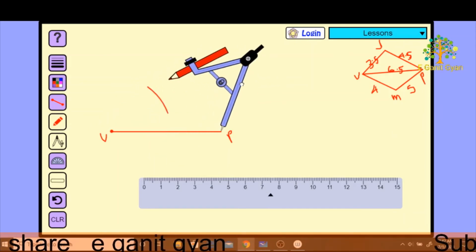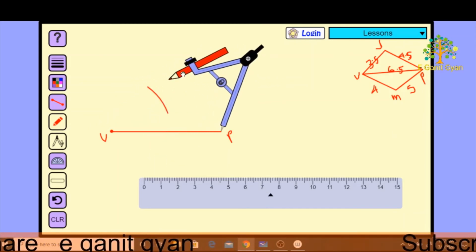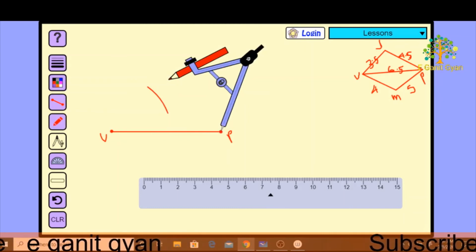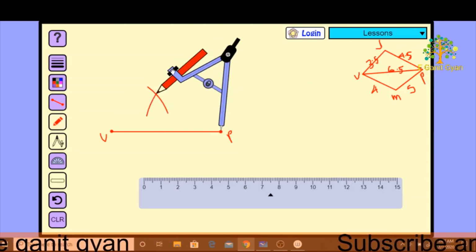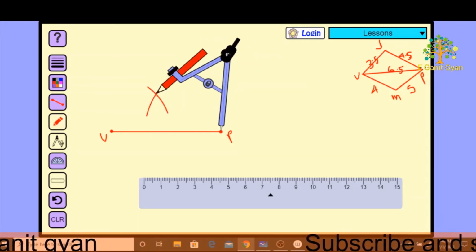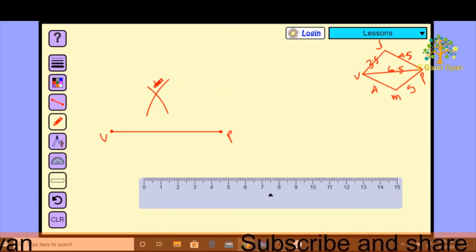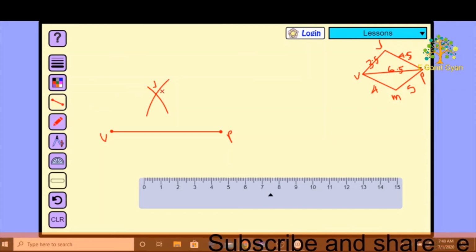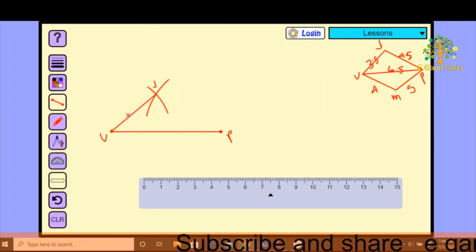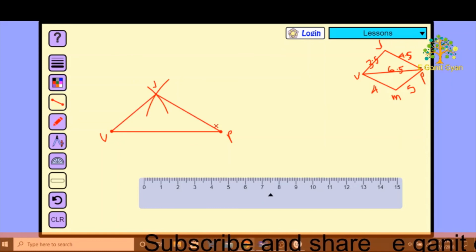Okay, let me draw here. So we got vertex J. After getting vertex J, let us join J with U and J with P.